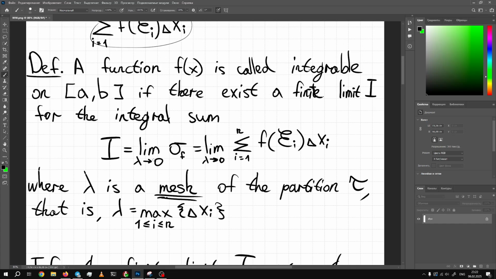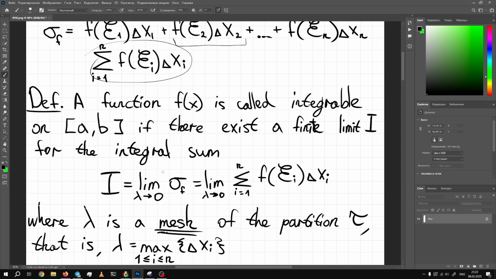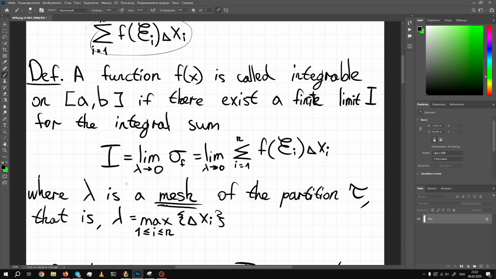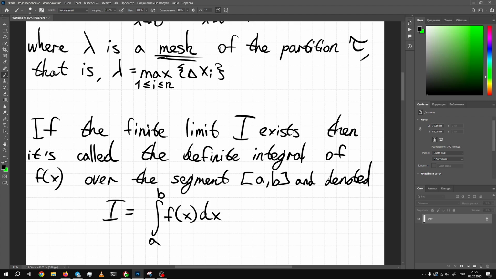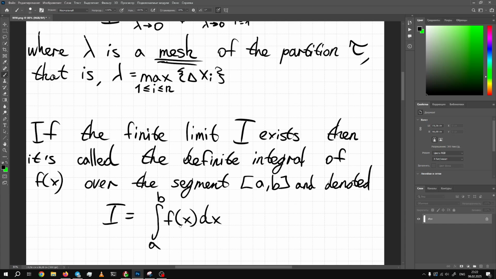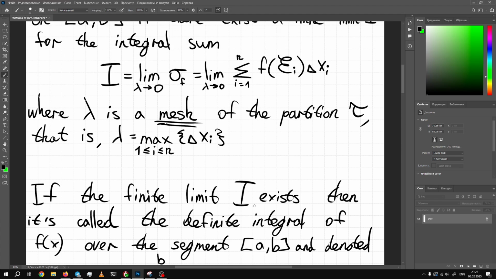So basically, to sum up all I wrote there, our function f of x is integrable on some segment if such a limit exists, or there exists such an integral. If we can find this integral, then this function is also integrable on the segment.